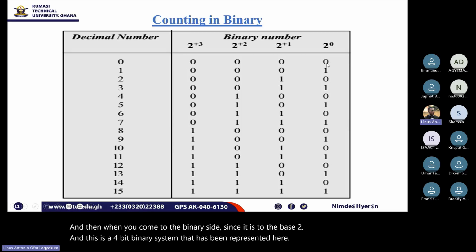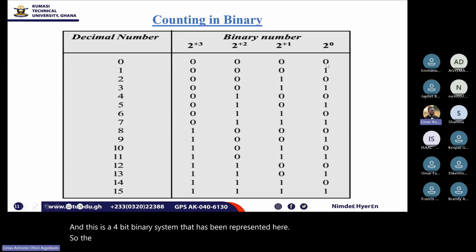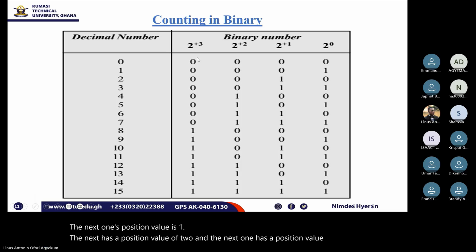So the LSB, which is the least significant bit, its position value is 0. The next one's position value is 1. The next has a position value of 2. And the next one has a position value of 3.